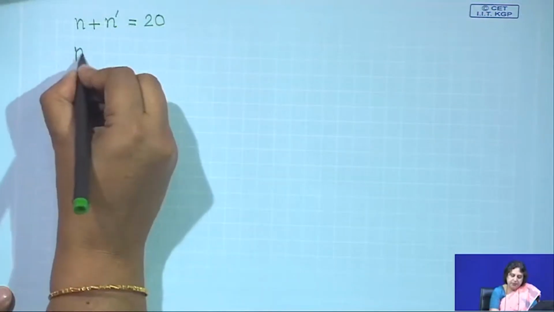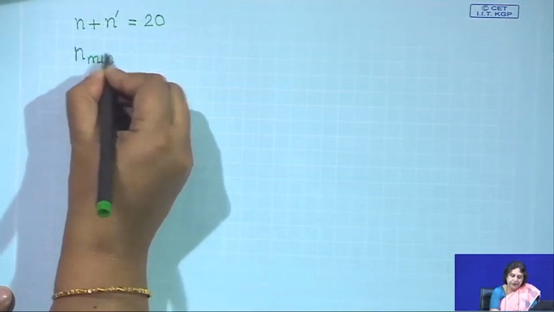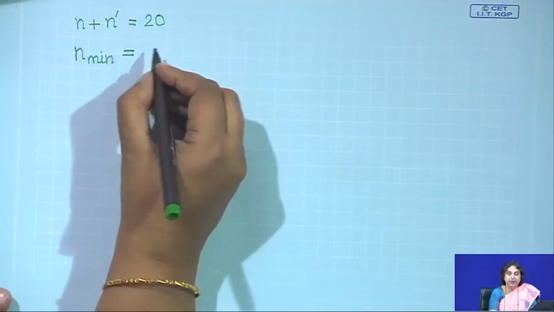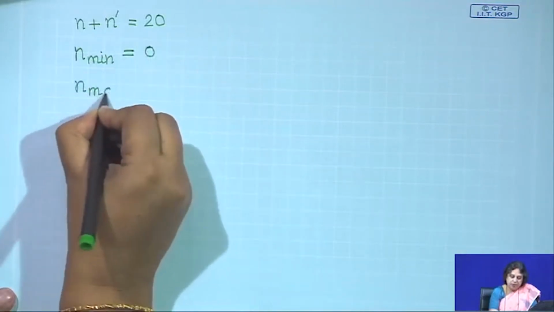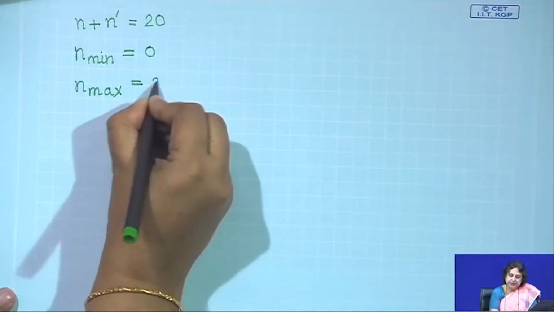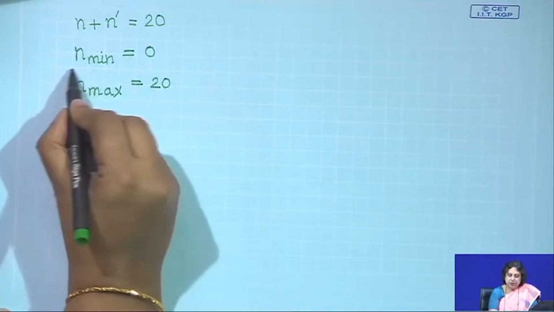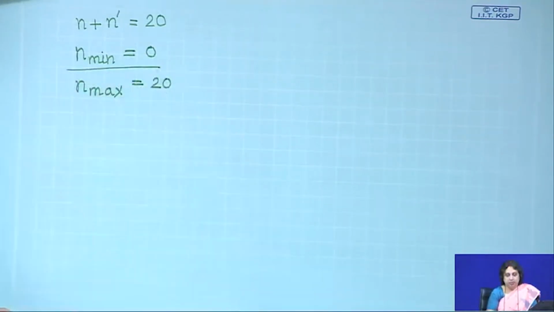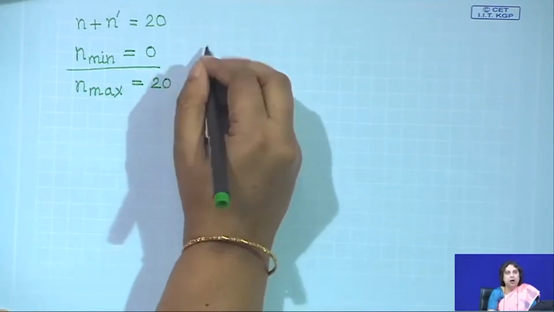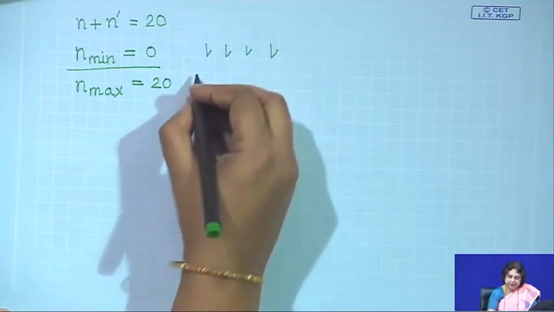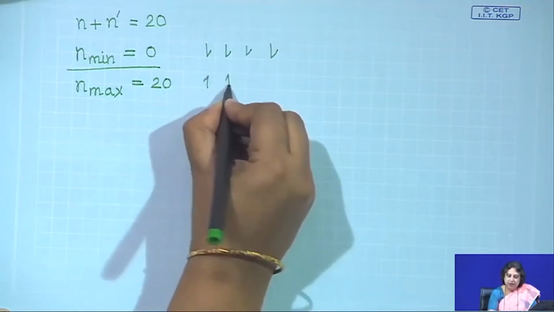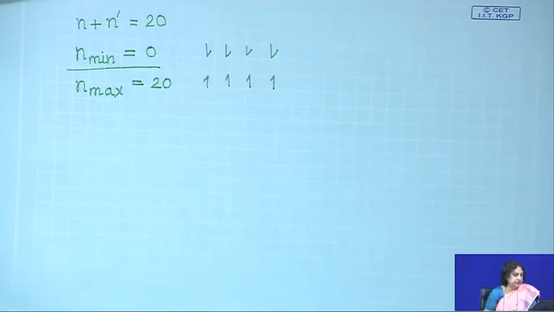So, what does n mean? The minimum value of small n, that is the number of up spins, is equal to 0, and the maximum value of the number of up spins is equal to 20. So, for this set I will have all down spin particles, and here I will have all up spin particles.